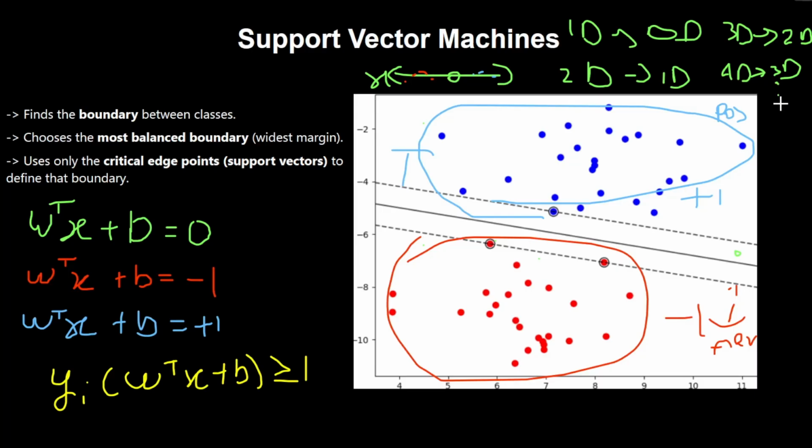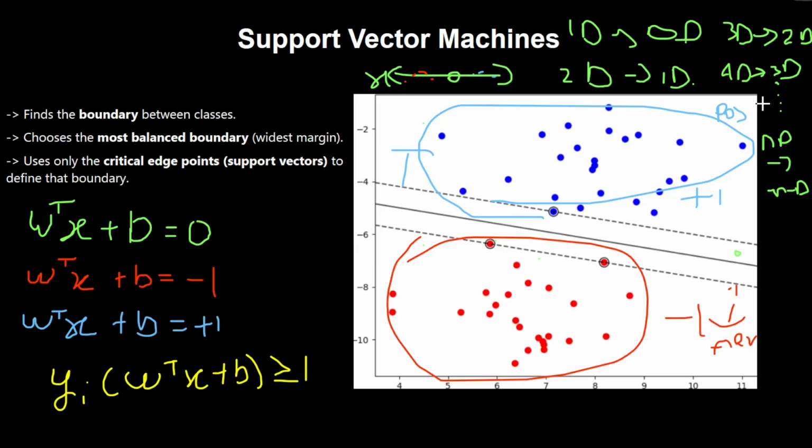Similarly in 4D, it will be a 3-dimensional object of separation. And similarly, in n dimensions, the separation would be an n minus 1 dimensional separator. That's why we use a term called hyperplane. So hyperplane is nothing but the generalization of this boundary of separation, from a dot to a line to a plane and so on.